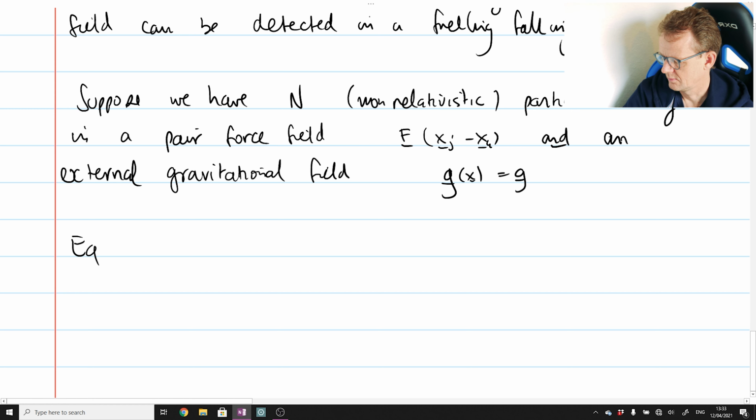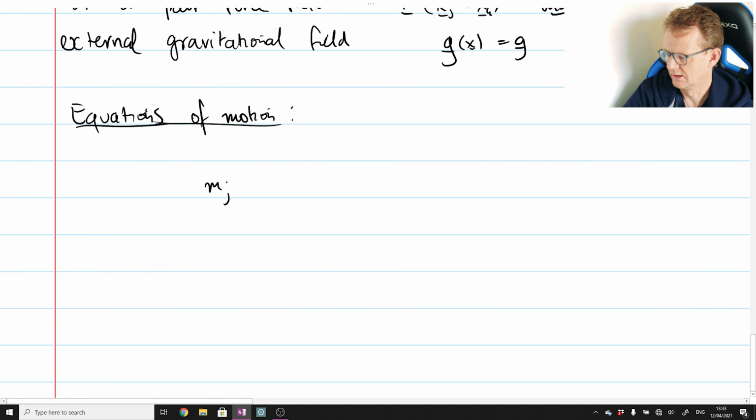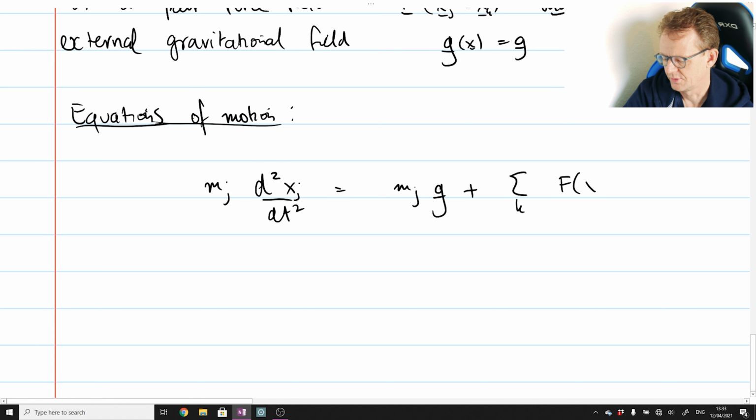So what do we do? Well, we apply Newton's second law to get the equations of motion. How do they look? Well, the mass of the jth particle times its acceleration is equal to the mass of the jth particle times g, that's the static homogeneous gravitational field, plus the sum of all the pair forces.